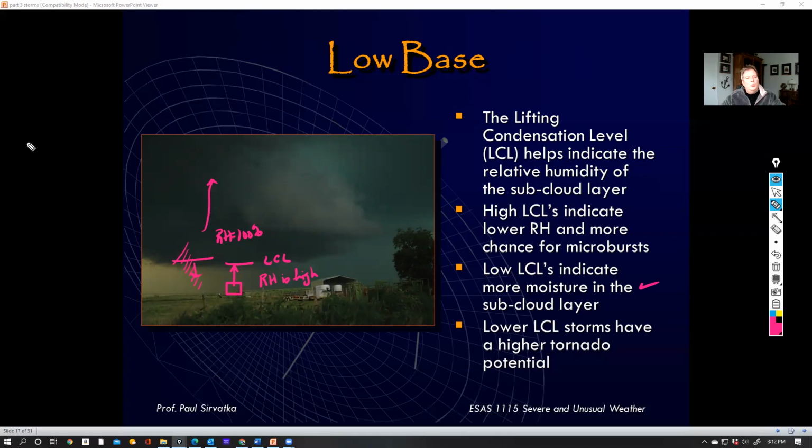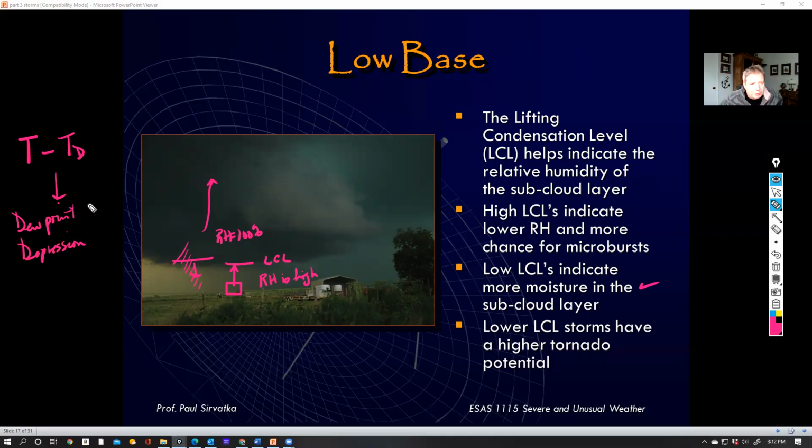Now, we look at that with temperature and dew point, the dew point temperature. This is in your glossary. We'll define it in some detail, but we talked about moisture. This difference is called the dew point depression.